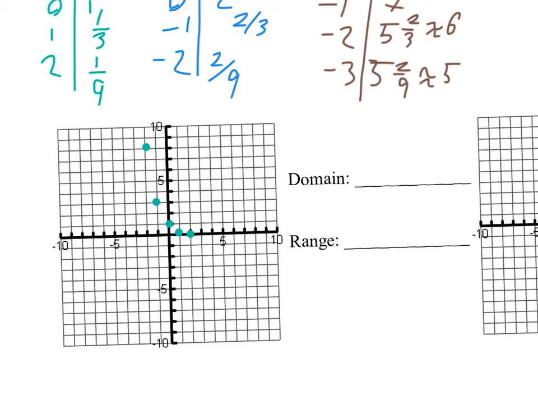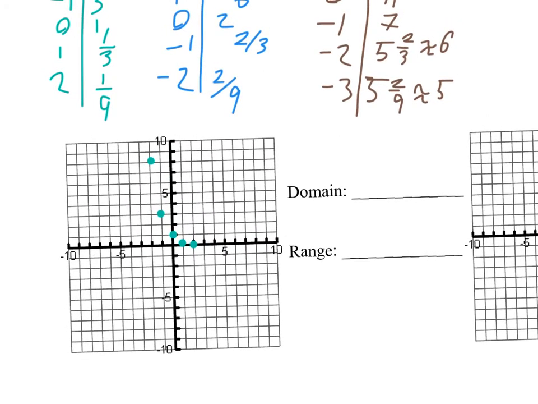So you should see, folks, that we have a line that goes something like that. It does not cross or touch y equals 0. That's our asymptote of our parent function, y equals 0.